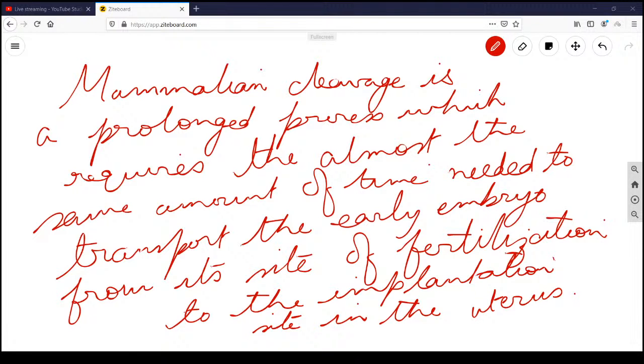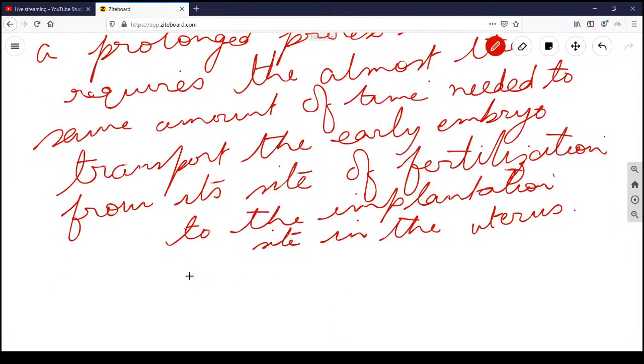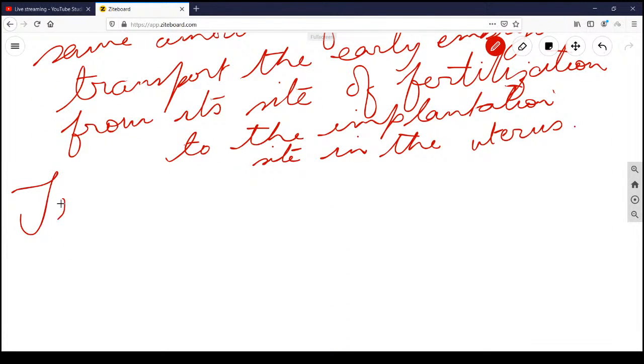A prominent innovation in early mammalian embryogenesis, as we all know, is the formation of the trophoblast. We'll go down into the detail of it also.